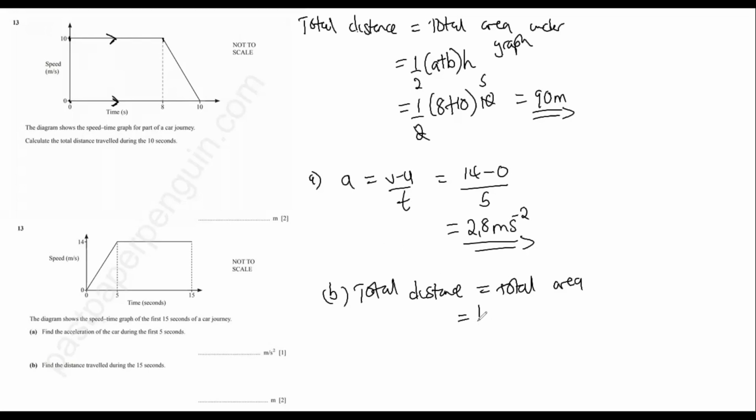So it's half A plus B times height, which is equal to half, our A is going to be 10, 10 plus 15.